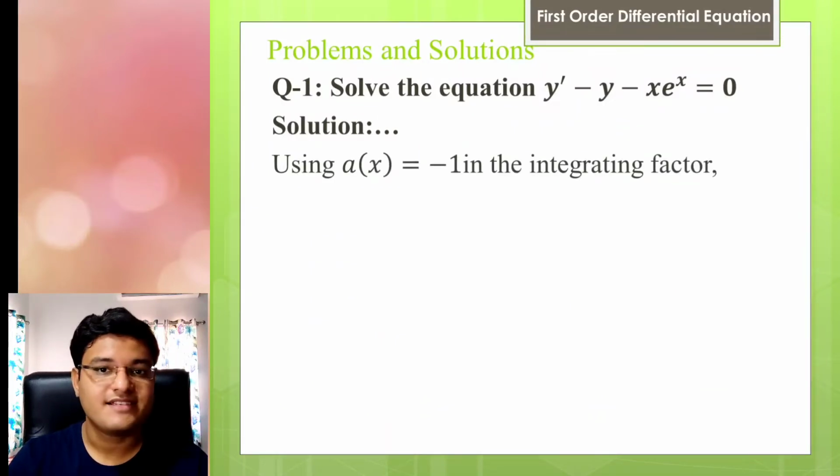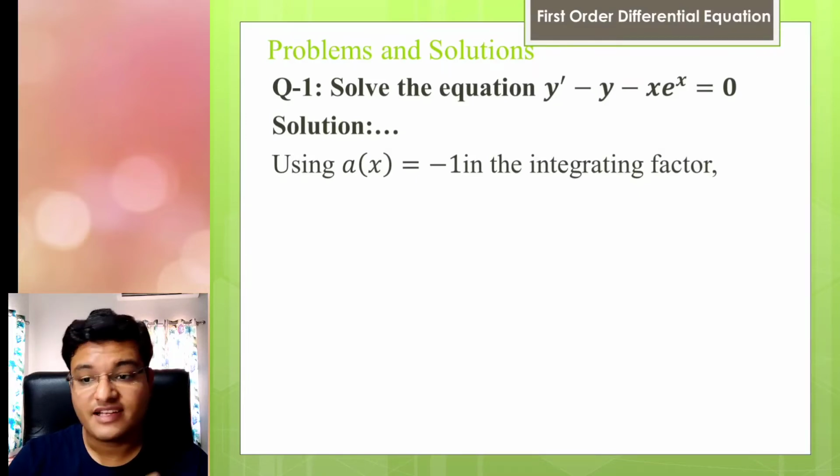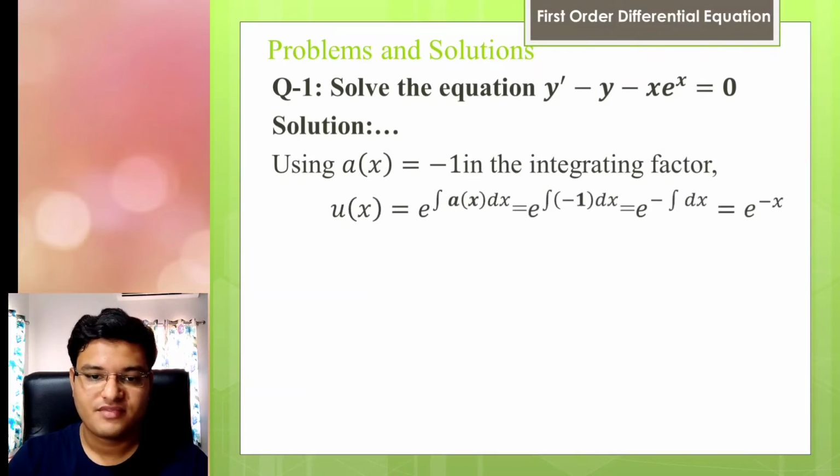Using a of x is equal to negative 1 in the integrating factor, u of x is equal to e to the power integration of a of x dx. Putting the value of a of x equal to negative 1, we get e to the power integration of negative 1 dx.